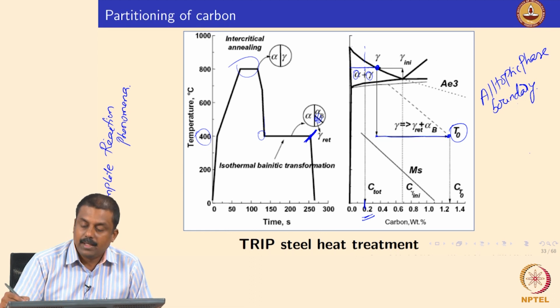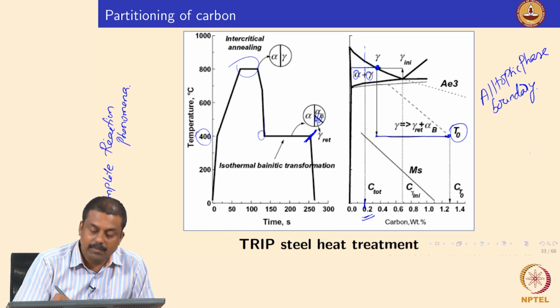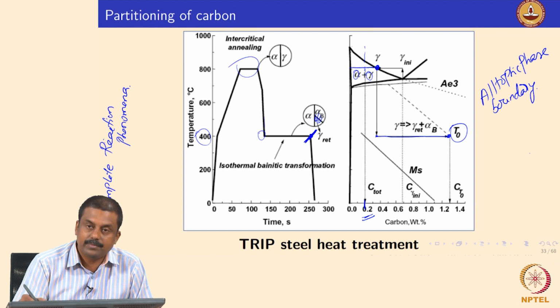That is the reason we stabilize austenite during this bainite transformation, and the critical point is that we need to enrich. If you enrich the remaining austenite with carbon, you reach T0 much earlier than if you form cementite.